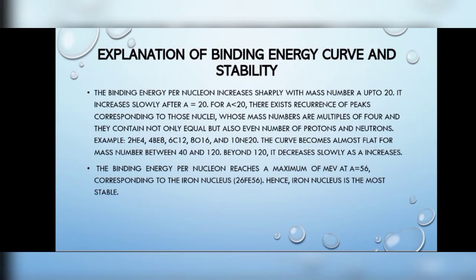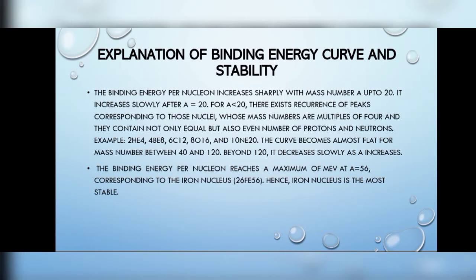Take an example: helium, carbon, and oxygen. Helium has 2 protons and 2 neutrons. Carbon has 6 protons and 6 neutrons, and oxygen has 8 protons and 8 neutrons. These are quite high and stable.